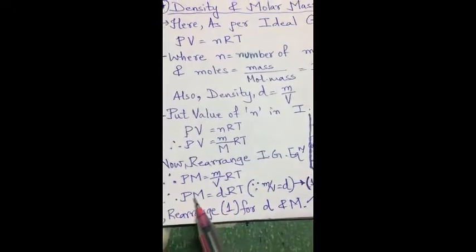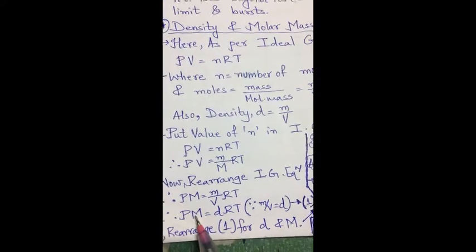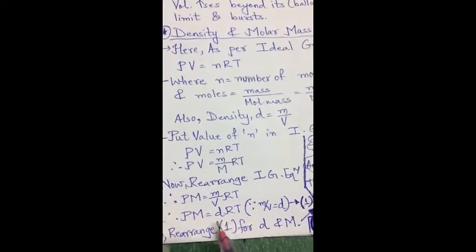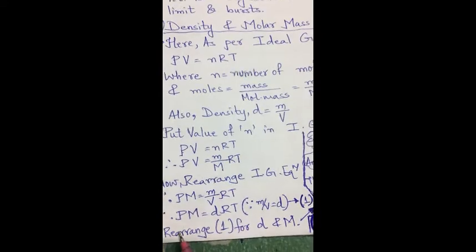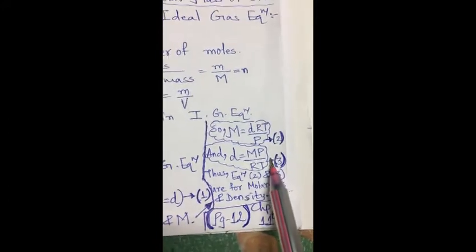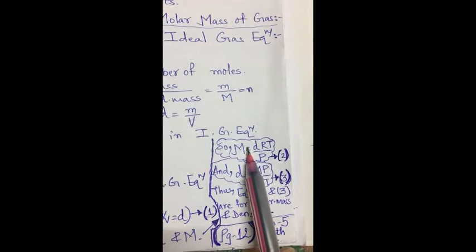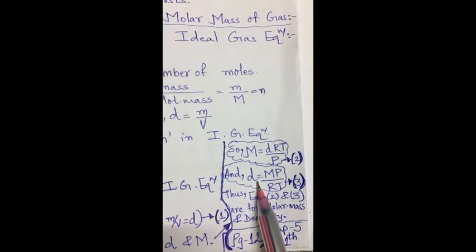Here what happened? This P is taken on the right hand side, so it is M = DRT upon P, and here RT is taken here, so PM by RT is equal to D. So equation 2 and equation 3 are the required equations for calculation of molar mass and density of the gas.